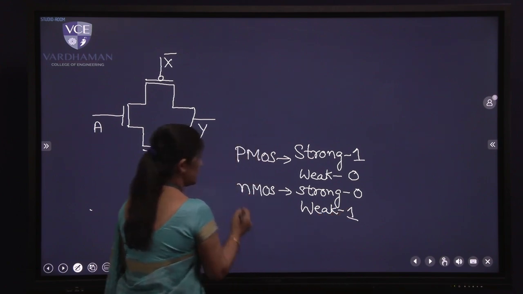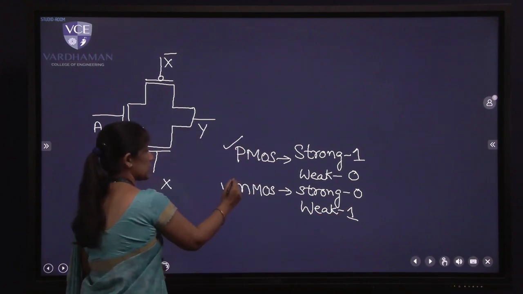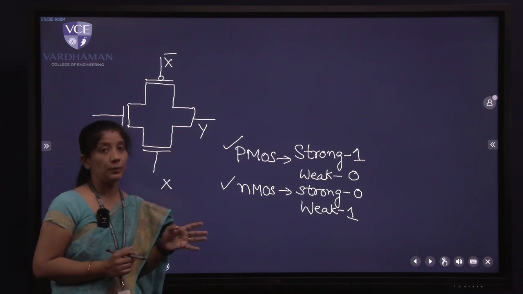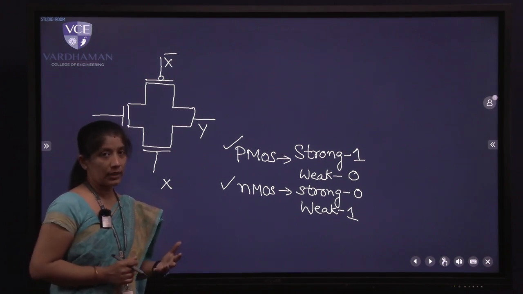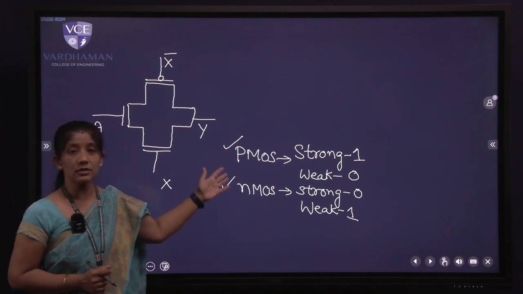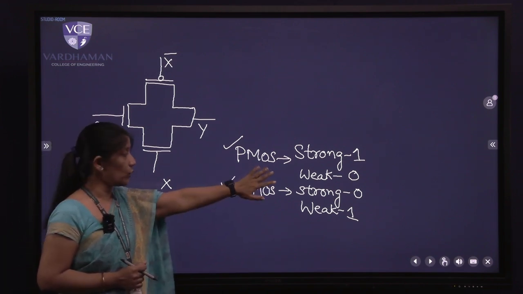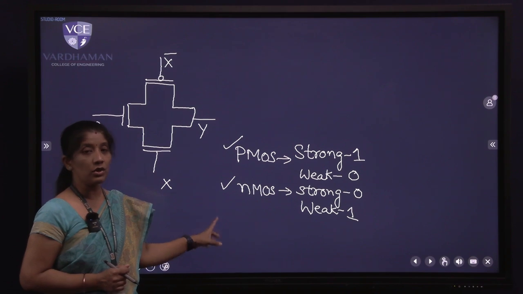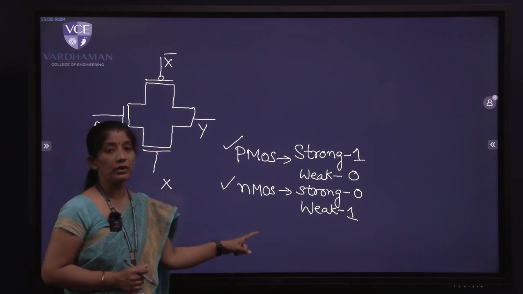Now if you see this, when I use only a PMOS transistor or only an NMOS transistor, there is a limitation on how logic 0 or logic 1 is transferred, because one transistor gives a strong 1 but weak 0, and the NMOS transistor gives a strong 0 but weak 1.